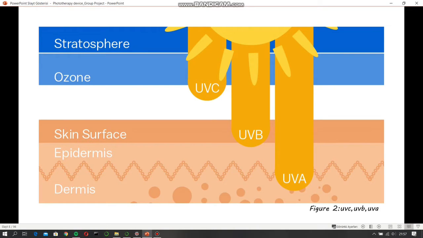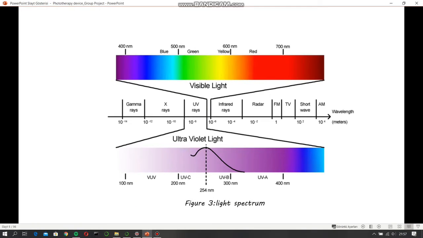The picture shows which ultraviolet radiation can pass through the atmospheric layer and the skin. And this is the light spectrum and the ultraviolet light, and as you see there, the ultraviolet light, infrared light, radar, or FM TV, something like that.